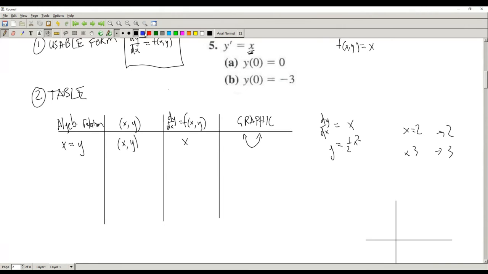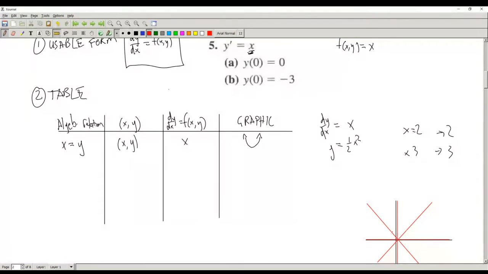So when we're going to be drawing our graph, we want to know along our axes what is going on. We want to know what it's going to look like along these lines.